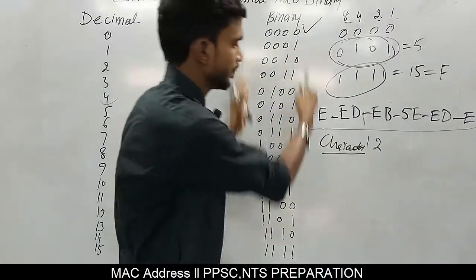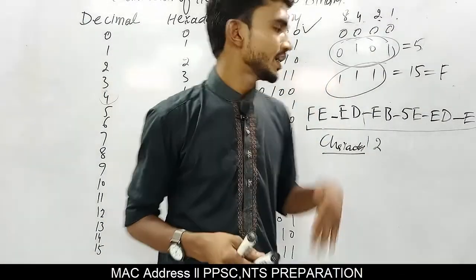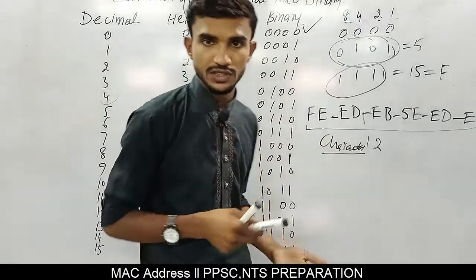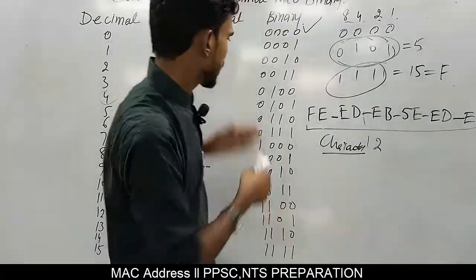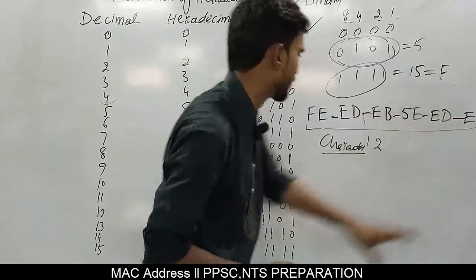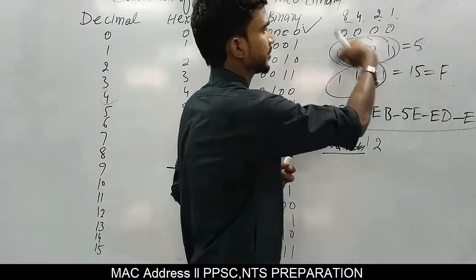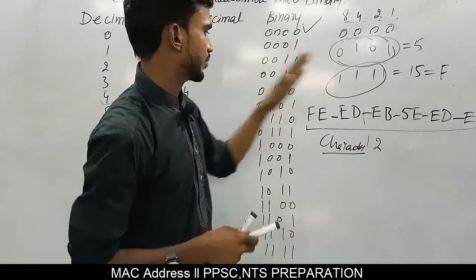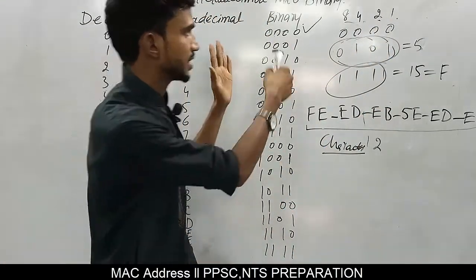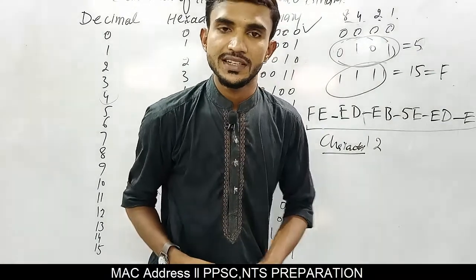This is the simple way you have to keep in your mind if any question is asked in the competitive exams, that how to convert this hexadecimal format into binary numbers. This is the formula you have to use. According to this formula, all the hexadecimal numbers will be converted into binary form easily.